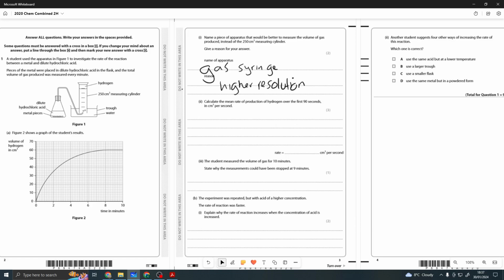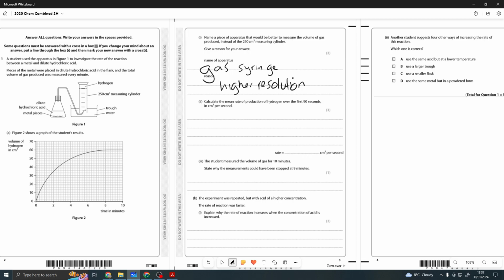Number 2 said, calculate the mean rate of production of hydrogen over the first 90 seconds in centimetres cubed per second. So, first of all, obviously, we've got the time, which is 90. You need to identify quite straightforwardly how much 90 seconds is. Obviously 90 seconds is a minute and a half, so it's around about here. Obviously, you do this better on an actual graph.